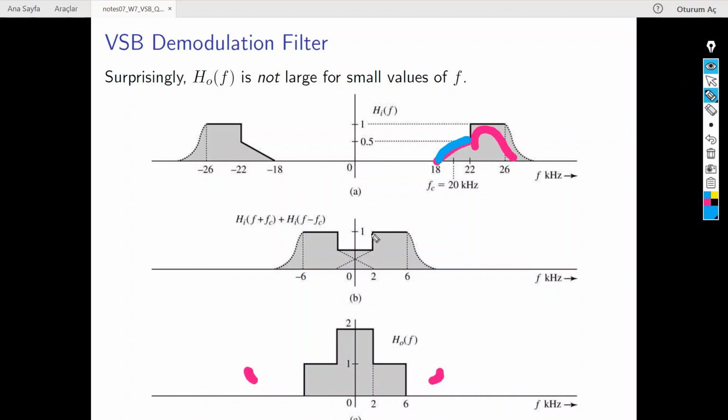So you have the first signal, a copy of this, but at the baseband, and you have the second signal, which is like this. Everybody agrees on that.